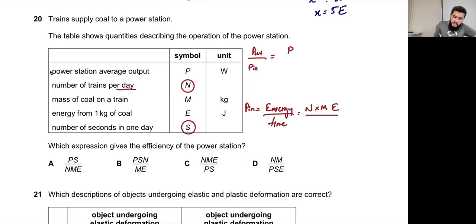Where does this 1 day come from? The number of trains per day is S. So you will say N M E upon S, which means PS upon N M E. The answer is A. And as I said earlier, it's a repeated question.